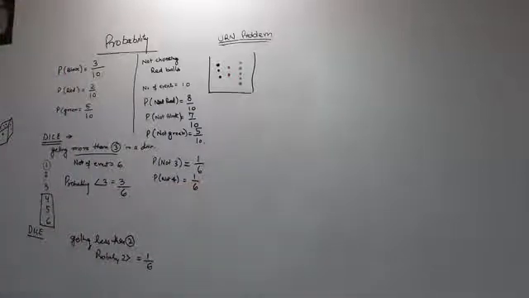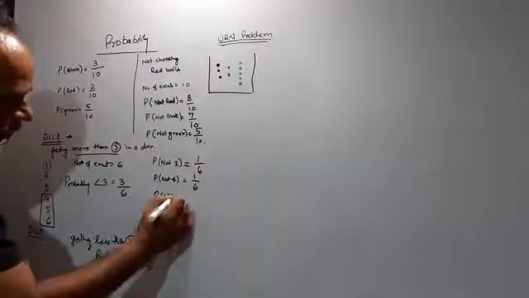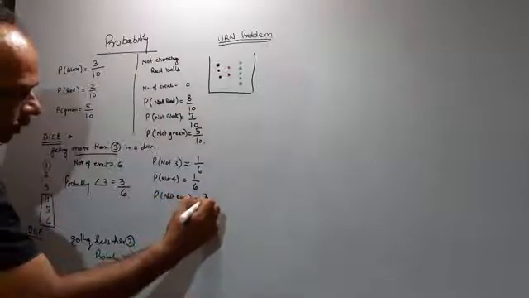You can ask, what is the probability of not choosing an even number? So 3 times: 2, 4 and 6. 3 times you will not choose even number. So probability of not choosing even number will be 3 by 6.